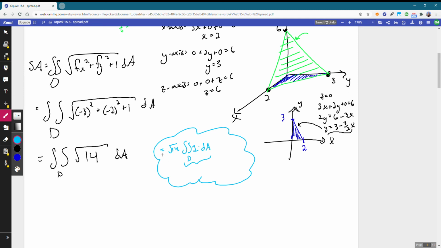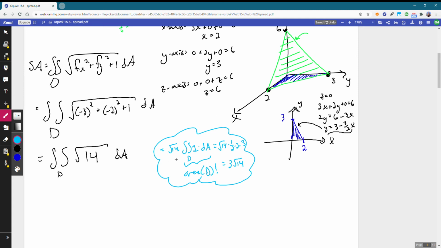The observation here is that the double integral over the region of the constant function 1 is just going to hand us the area of that region D. In our case, our region is just a triangle, and so the area is 1/2 times base times height. And so just like that, we've computed our integral as 3 root 14.